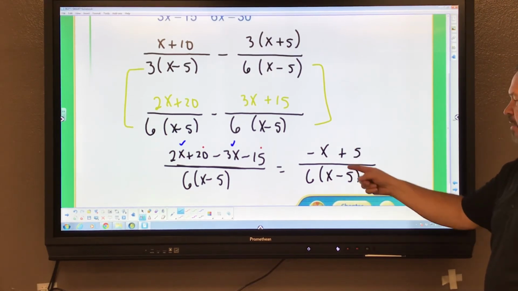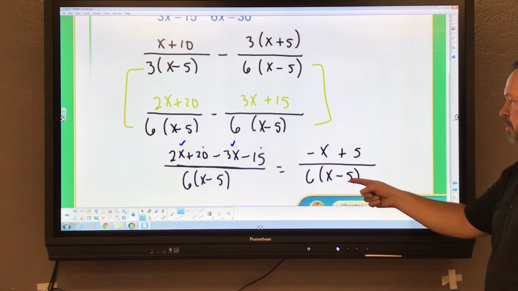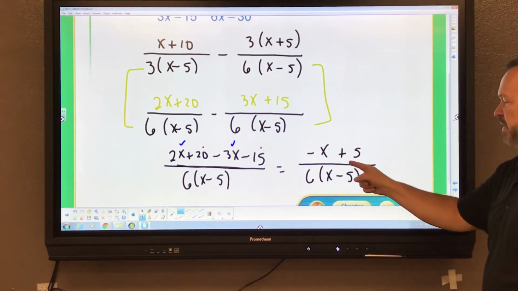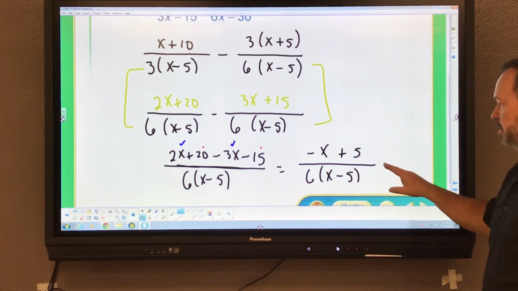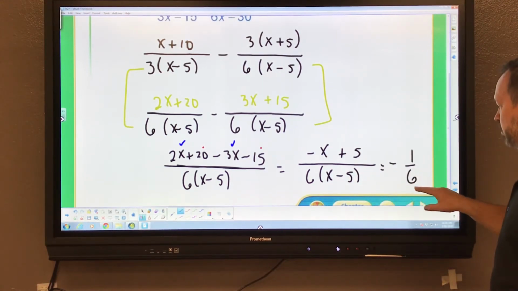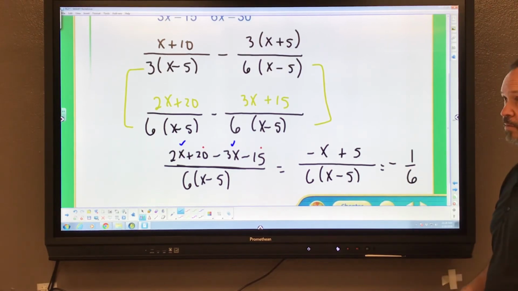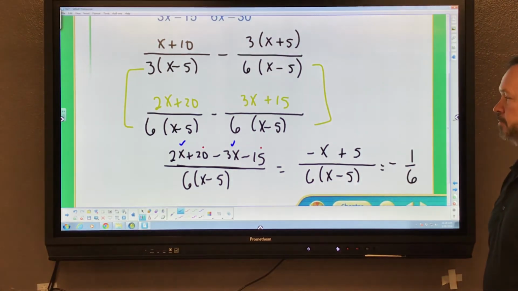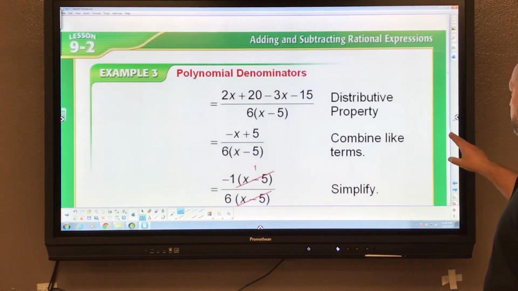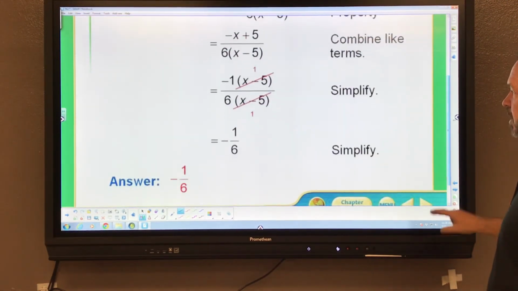Look at that and that. What are they? They're opposites. That's negative x, that's positive. That's positive 5, that's negative. They're opposites, which means they cancel, and you get negative 1/6. Cute. Negative 1/6.